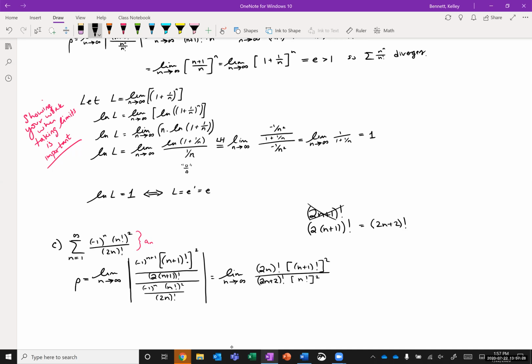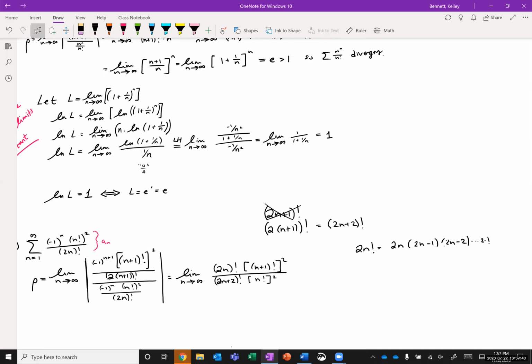So something to realize here: (2n)! equals 2n times (2n minus 1) times (2n minus 2), etc. And (2n+2)! equals (2n+2), (2n+1), 2n, (2n minus 1), etc., and so on.